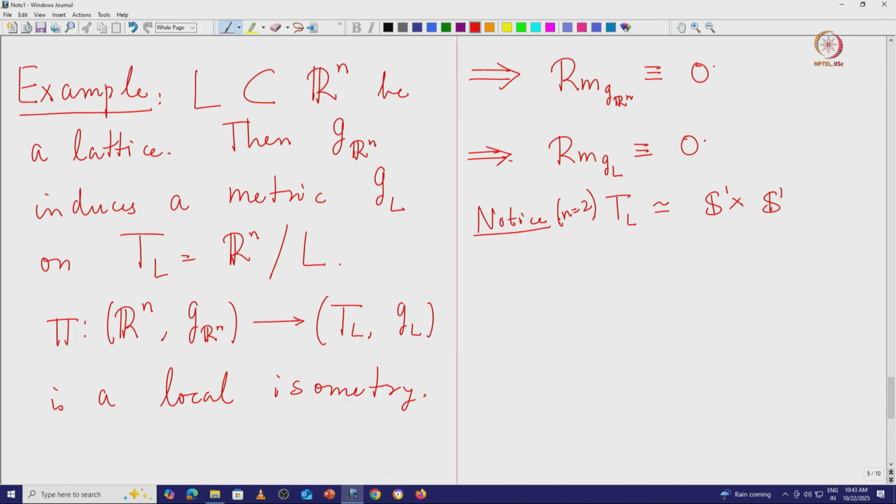If you look at the fundamental parallelogram, you basically identify the opposite sides, and so this gives us a nice picture of a donut. Now a donut can be thought of as a surface embedded inside R^3. So the Euclidean metric on R^3 will induce a Riemannian metric on this donut, right.